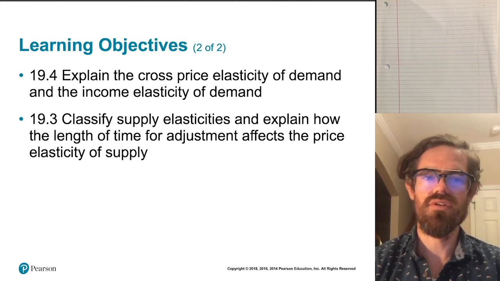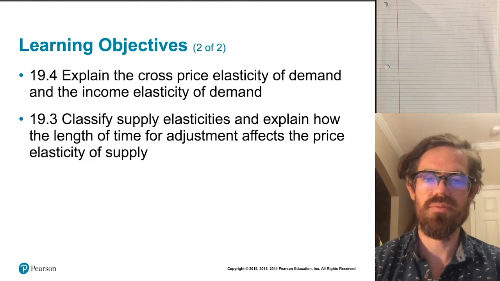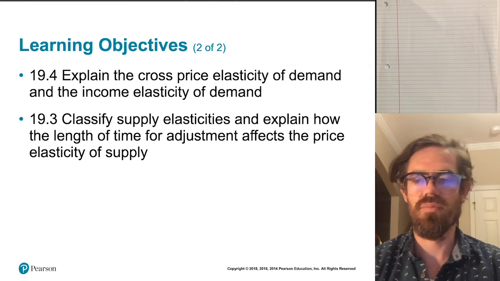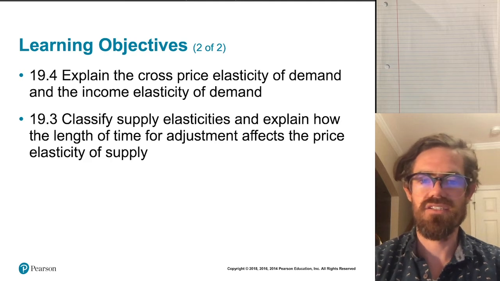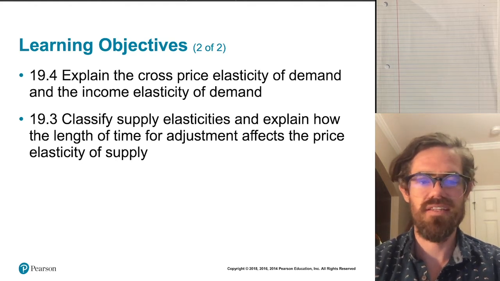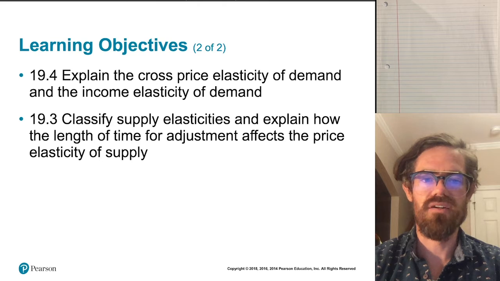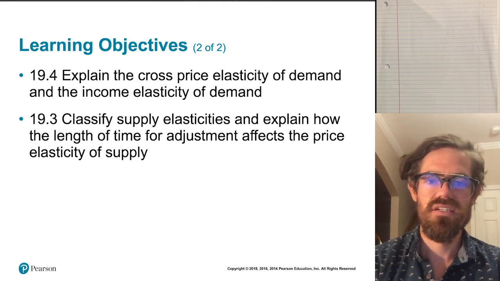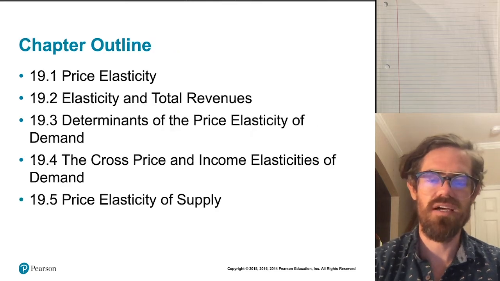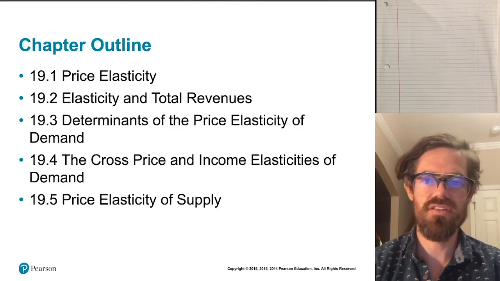In the fourth section, we want to be able to explain what the cross price elasticity of demand is, and the income elasticity of demand. So two other elasticities is what we'll look at in section 4. And then in the last section, not section 3, but section 5, that's a typo, we'll talk about the supply elasticities. And we'll talk about how the length of time for adjustment affects the price elasticity of supply. All right, so there's our outline for the chapter.